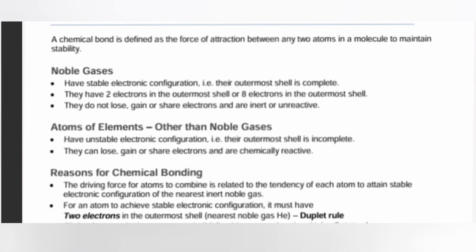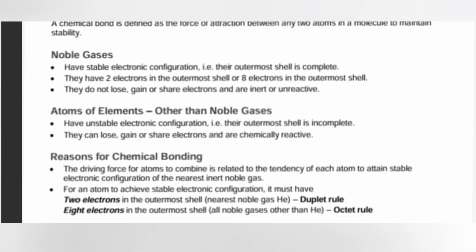Next we will come to atoms of elements other than noble gases. Atoms of elements other than noble gases have an unstable electronic configuration, i.e. their outermost shell is incomplete. For example, sodium and others have an incomplete outermost shell, whereas helium is a noble gas and has its outermost shell completed with 2 electrons.